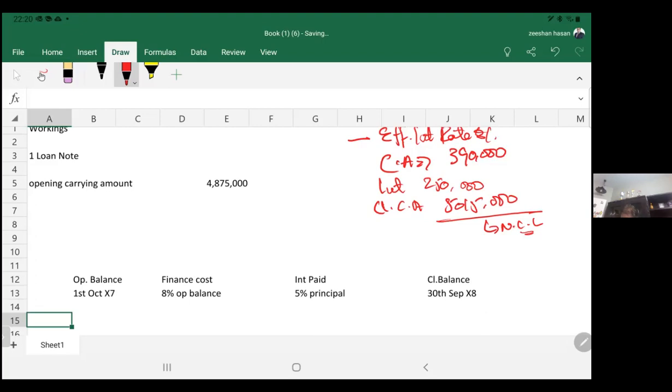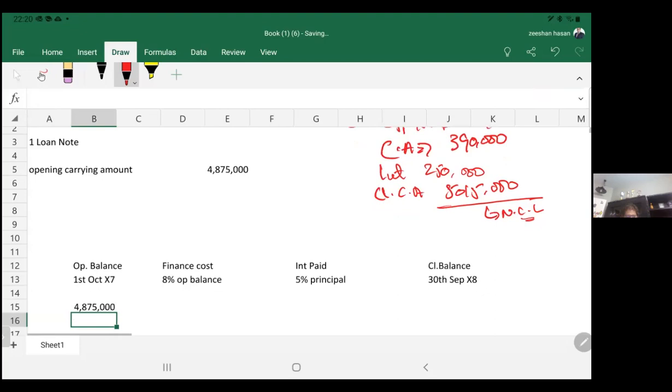Simply, I'm just linking the opening balance.